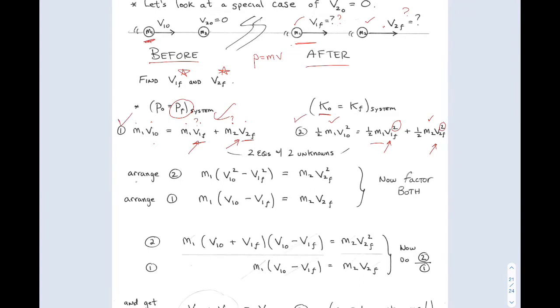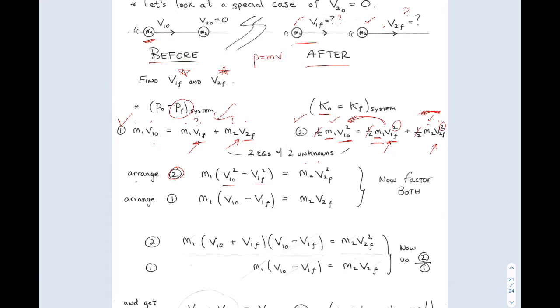I call this equation 1 and that equation 2. First, I rearranged equation number 2. I got rid of the halves, and then combined like terms. I brought this one over and factored out the M1, so I'd have V1 initial squared minus V1 final squared, and then this thing is left here, M2 V2 final squared.